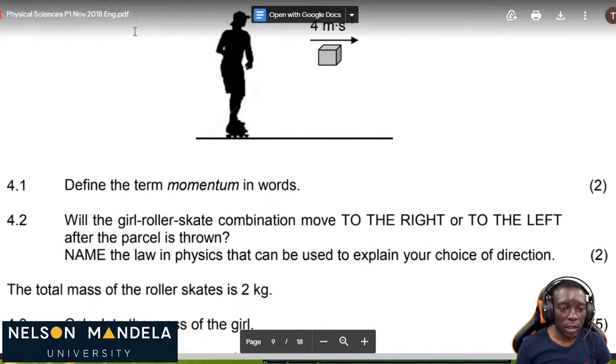So the question again: will the girl roller skate combination move to the right or to the left after the parcel is thrown? And name the law in physics that can be used to explain your choice of direction.